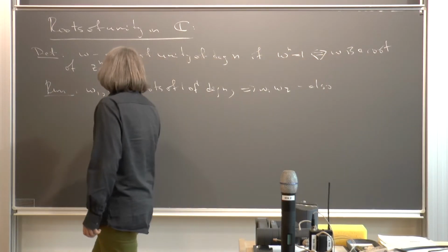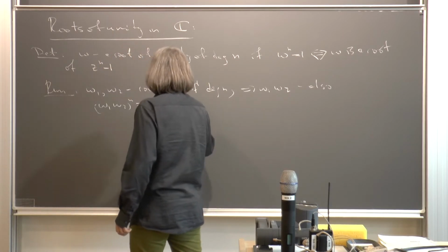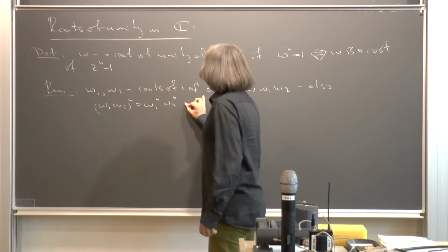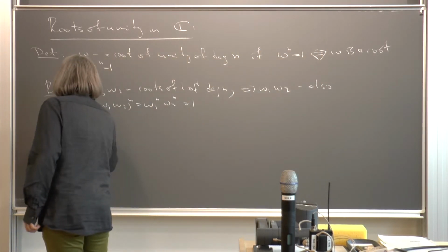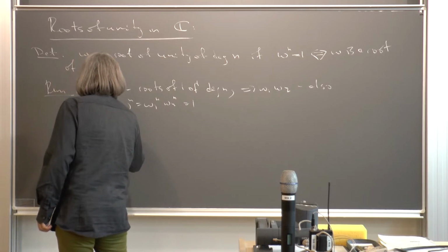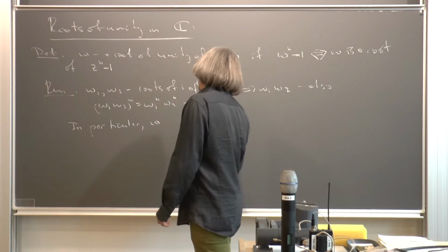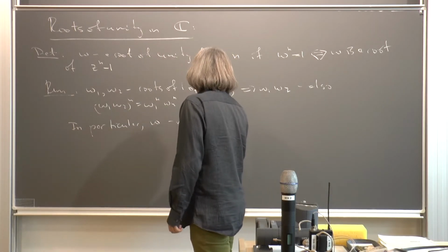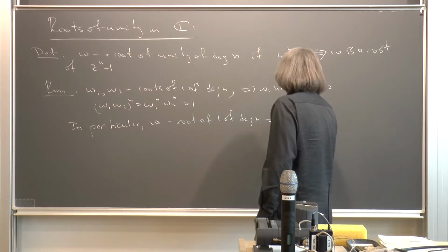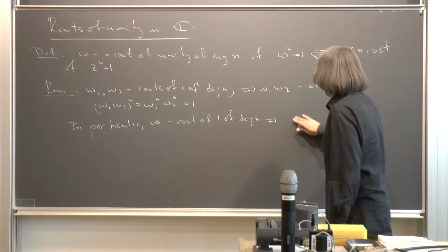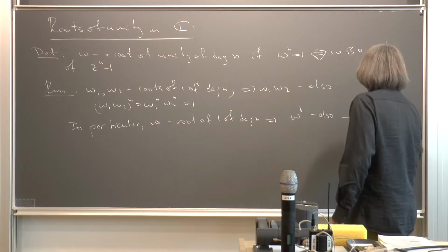Indeed, omega 1 omega 2 to the power n is omega 1 to the n times omega 2 to the n, which is 1. So in particular, if omega is a root of 1 of degree n, then every power omega to the power k is also a root of 1 of degree n.